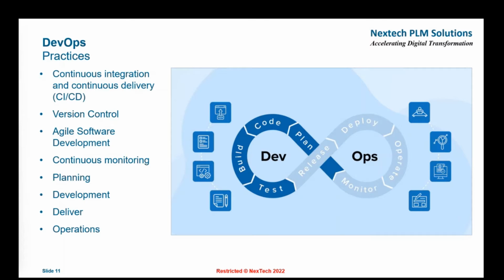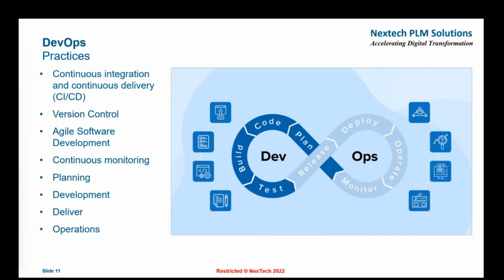Then version control. Like any other software, versioning or source code management is one of the critical aspects of any software development. So with the latest tools like GitHub or Azure DevOps, you can have this version control. Agile software development is again one of the critical parts of DevOps.